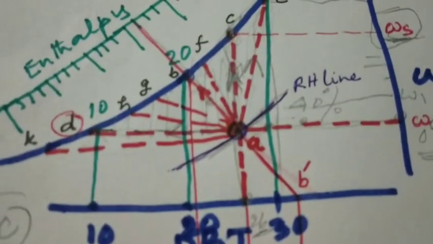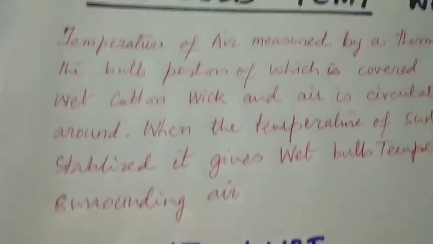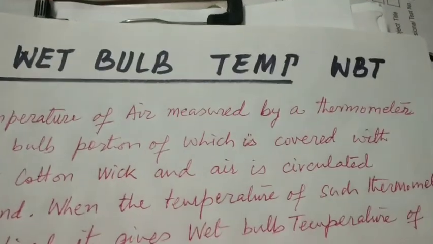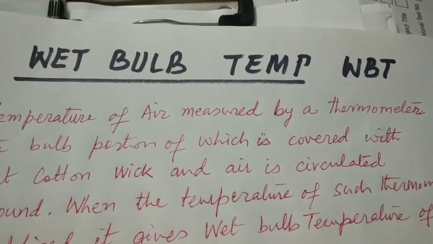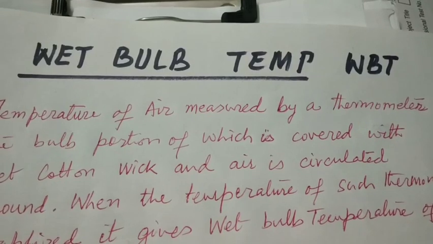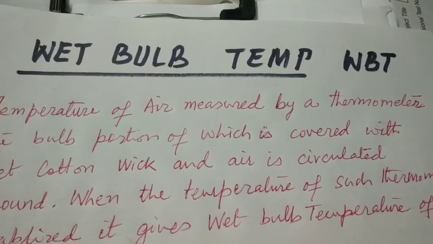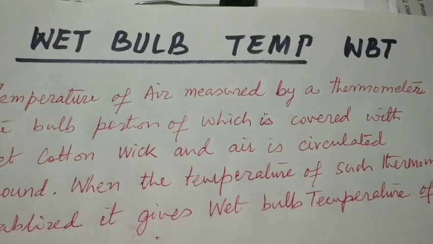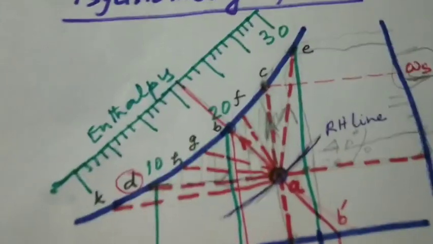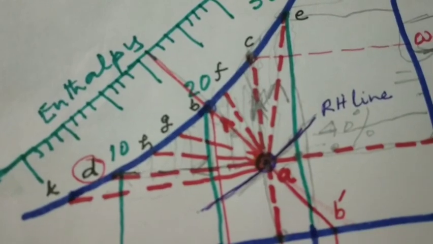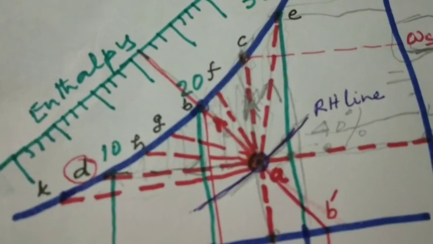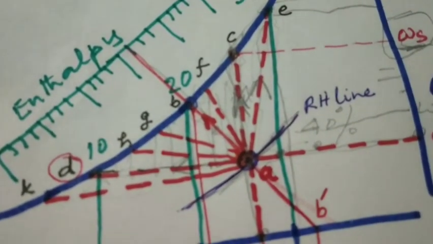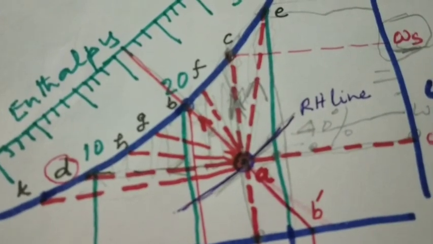What is the wet bulb temperature in that case? Wet bulb temperature is the one which has a wet cotton wick surrounding the bulb of the thermometer, and this wet cotton wick is adiabatically saturating the air surrounding the bulb, making it 100% saturated.